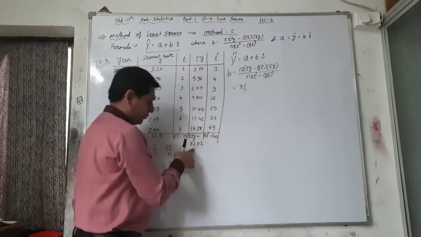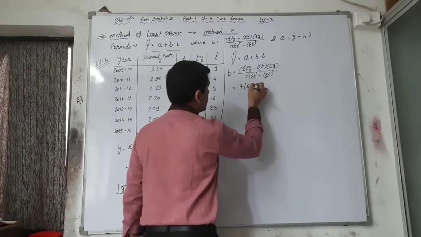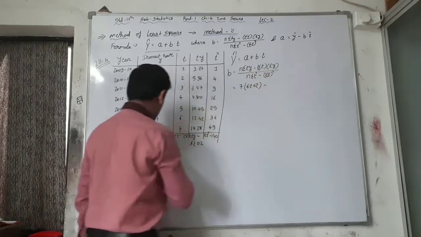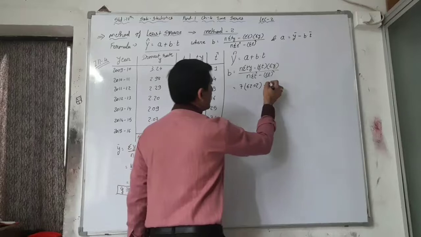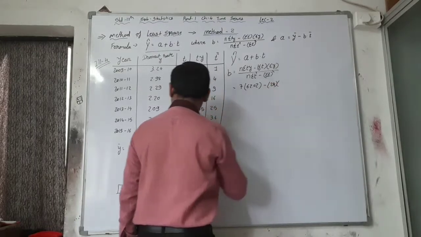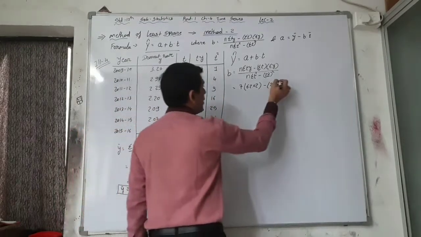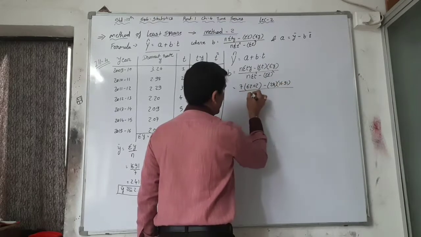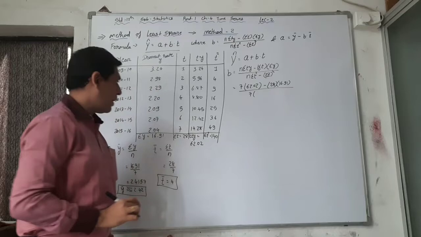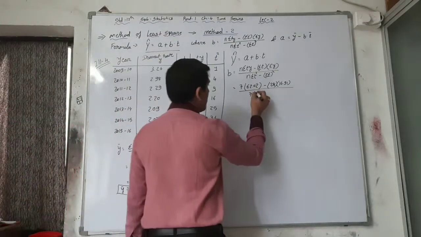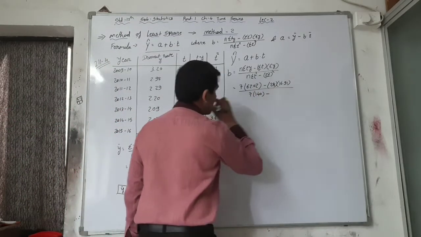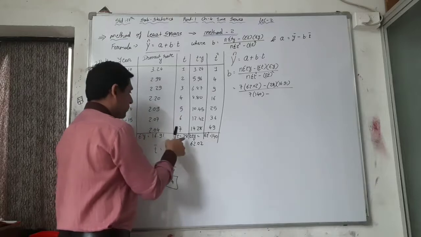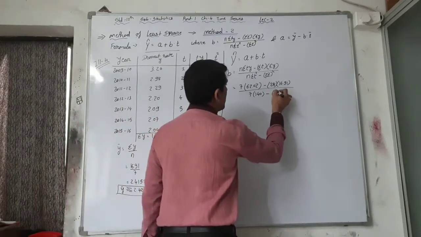Sigma ty 62.02. Sigma t 28. Sigma y 16.91. Upon n, that is 7, sigma t square 140, minus sigma t whole square, that is 28 square.